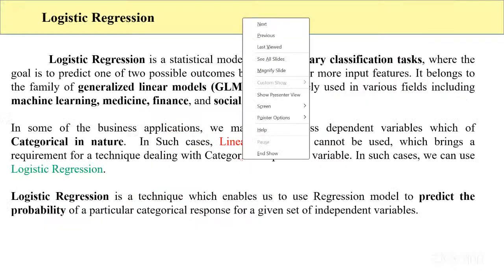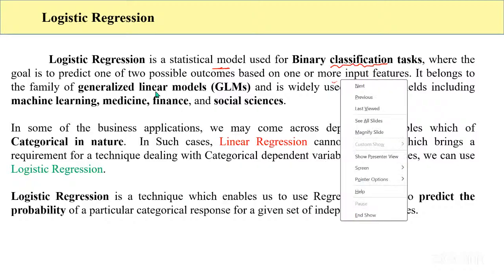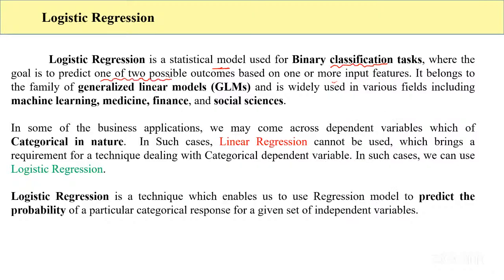Logistic regression is a statistical model used for binary classification, where the goal is to predict one of 2 possible outcomes. This is the important thing here. We are trying to predict either yes or no, or positive or negative. Under such circumstances, we are going to use logistic regression.